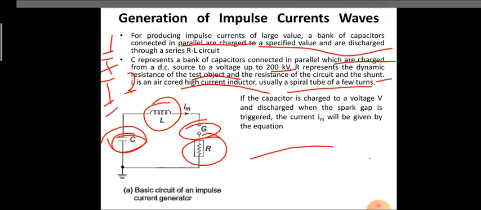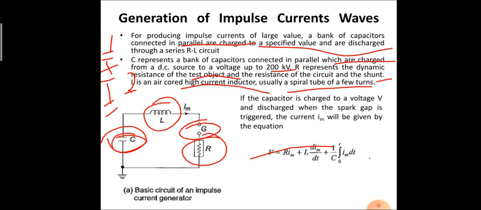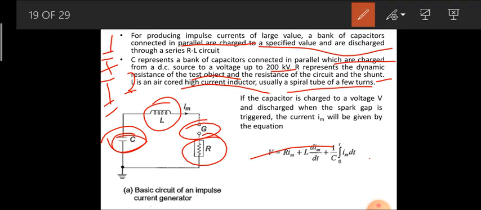According to KVL, the total voltage V equals the voltage drop across the resistor, R into Im, plus the voltage drop across the inductor L dIm by dt, plus the voltage drop across the capacitor, 1 by C integration of I dt.